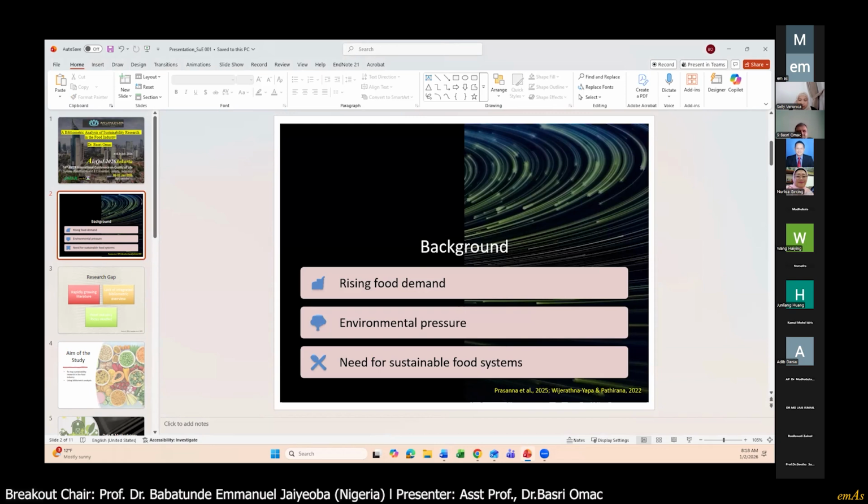First of all, sustainability in the food industry has become a central priority because of rising food demand, environmental pressure, and the need for sustainable food systems. Food production, distribution, and consumption are deeply interconnected with ecosystems, relying heavily on land, water, and energy, while simultaneously contributing to greenhouse gas emissions, biodiversity loss, and resource depletion.